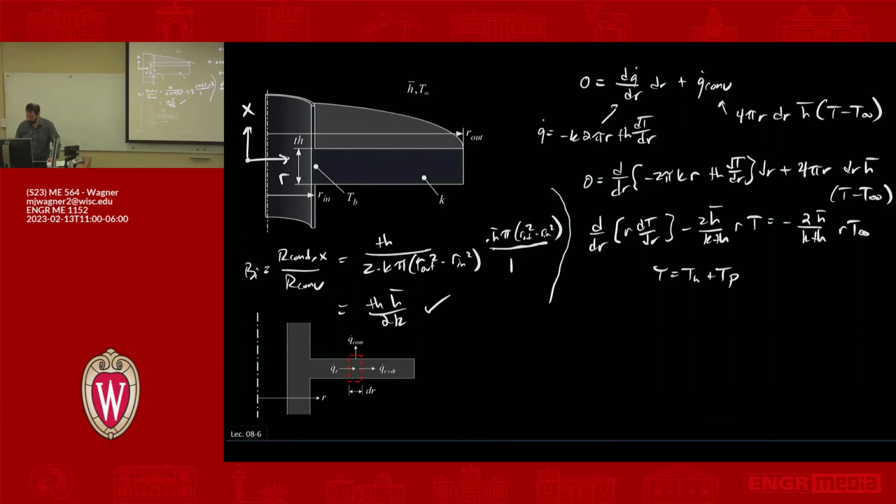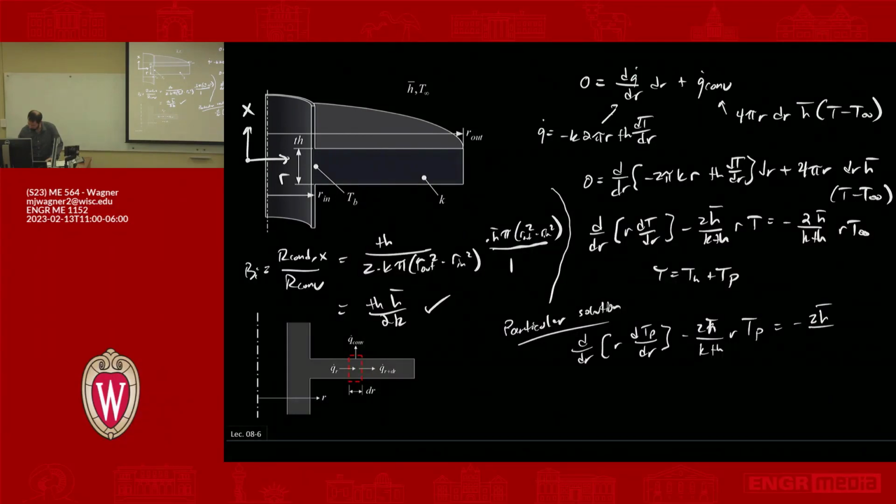So the first thing would be, let's rewrite this in terms of our particular solution first. Particular solution. So this is d/dr of r dT_P/dr minus 2 h bar over k times thickness r T_P equals minus 2 h bar over k thickness r T infinity.